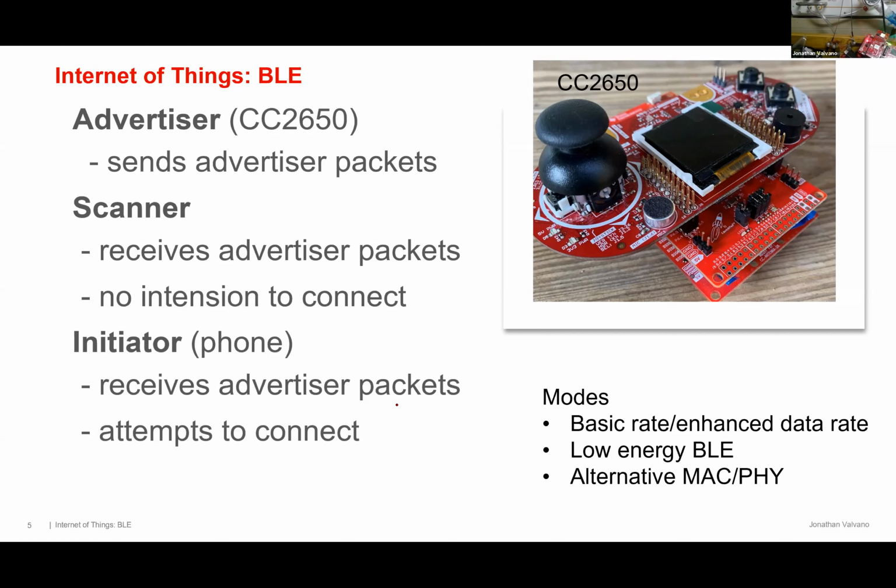Once you push the symbol on the phone, it will switch from scan mode to initiator mode and make a connection. We're going to focus on low energy because it's more of an IoT thing. But as you saw from the previous slide, regular Bluetooth is called either basic rate or enhanced data rate.